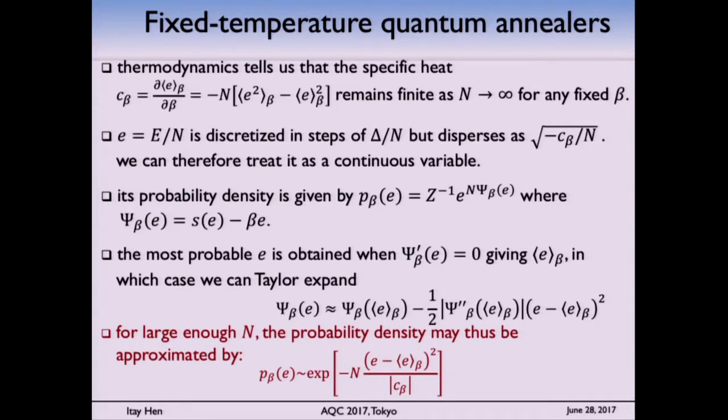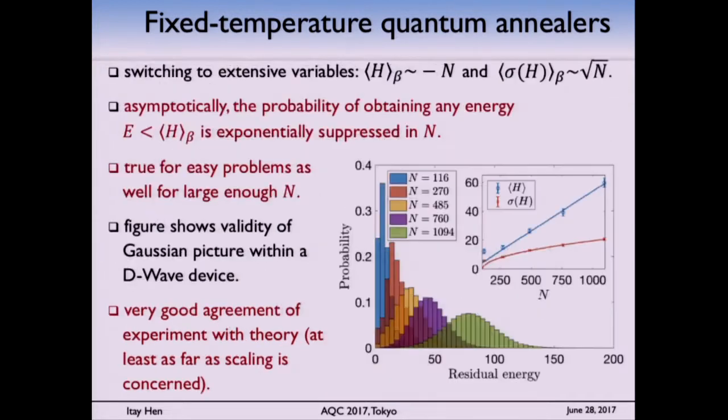And when we do that, and we plug it back into the probability density, the Boltzmann distribution, we get that for any fixed temperature, the Boltzmann distribution is distributed as a Gaussian. And again, I think it's pretty trivial statistical physics for most of us.